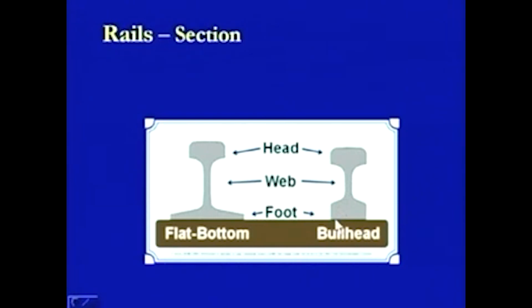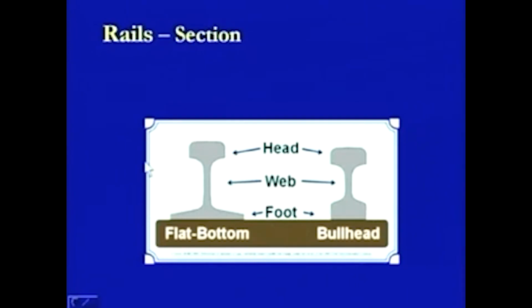The foot should be able to pass the loads to a wider area, which is possible in this section because this whole width is available through which the same amount of load will get dissipated, whereas in this case the area is so small.